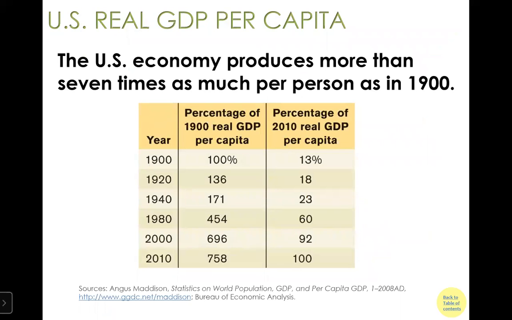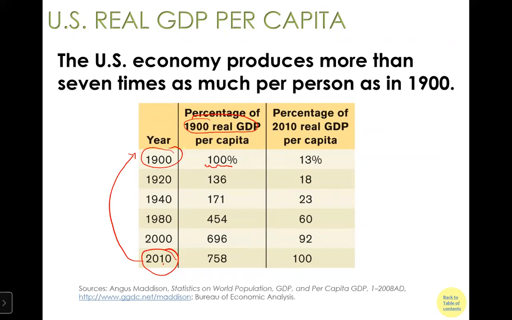Now, this is another way to look at the importance of economic growth. We zoom into the US economy and look at 1900 versus 2010. If we use 1900 real GDP as a normalization, which is 100, you can see 2010 is almost 8 times, that is, real GDP per capita is almost 8 times compared to 1900.